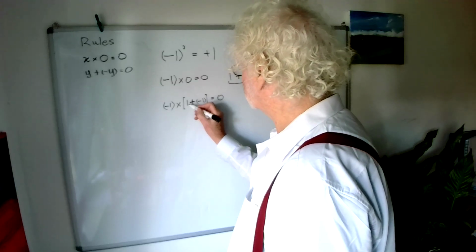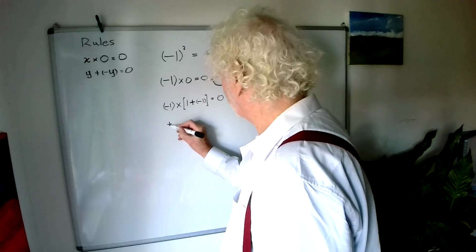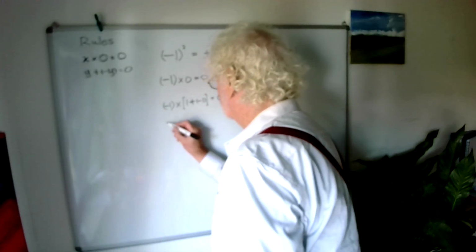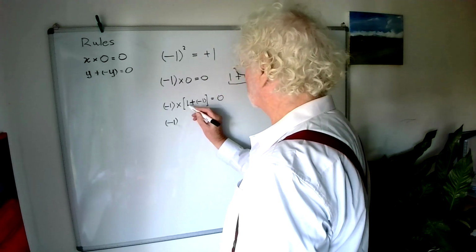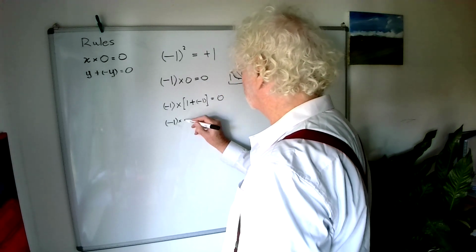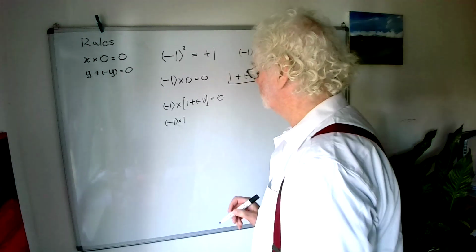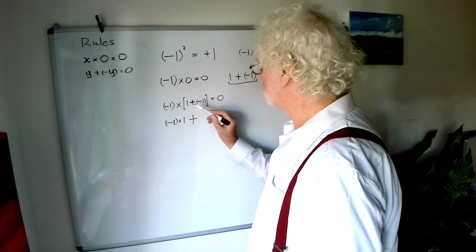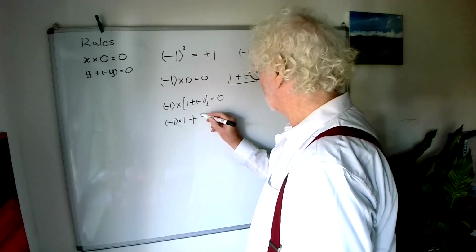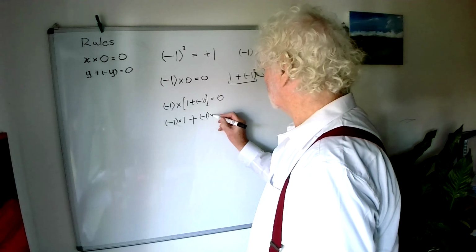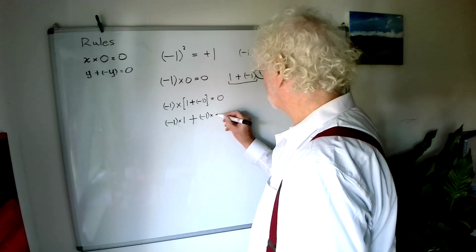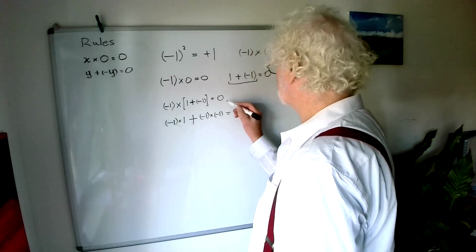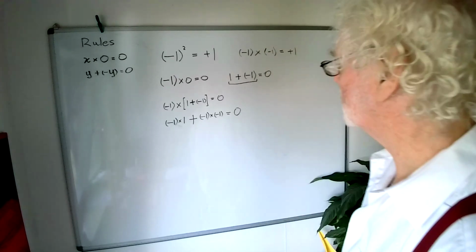So minus 1 times 1, minus 1 times 1, and then there's this plus sign, minus 1 times minus 1, there's the equals, and there's the 0.